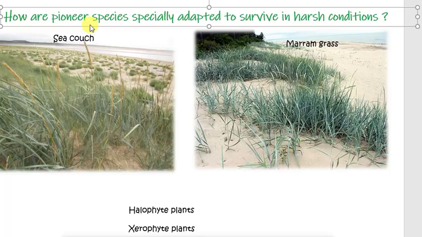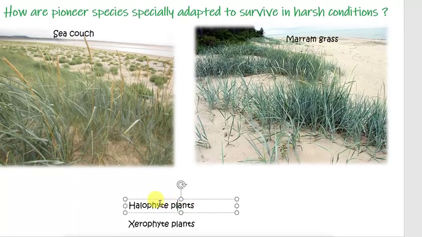Most plants will. So pioneer species are the first species that can colonize, in this case, a beach. A couple of examples are sea couch and marram grass for sand dunes. And in the lesson, we're going to look in detail at how they've adapted to live in sand, basically.